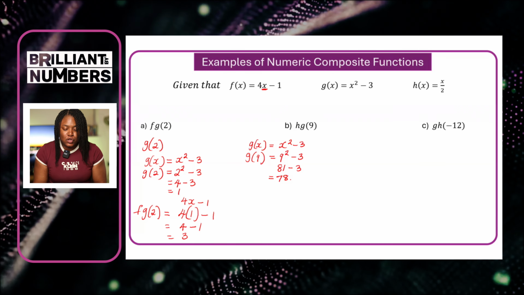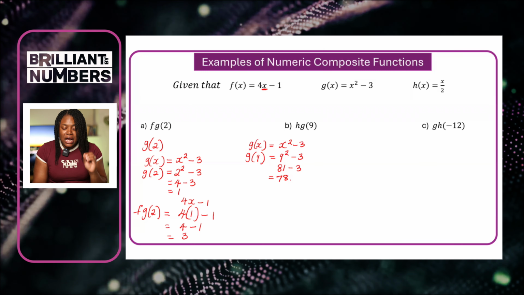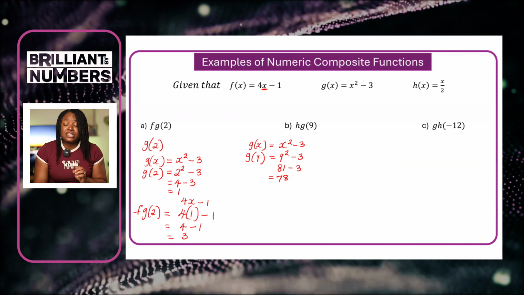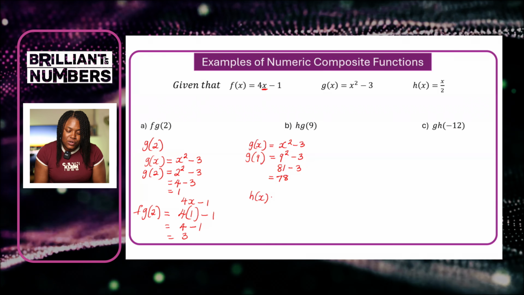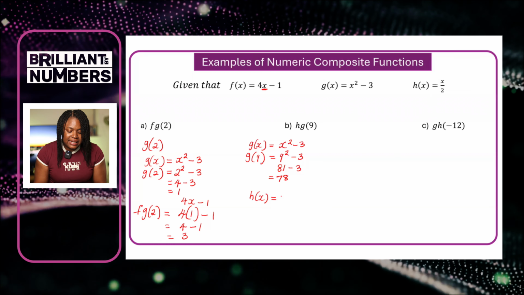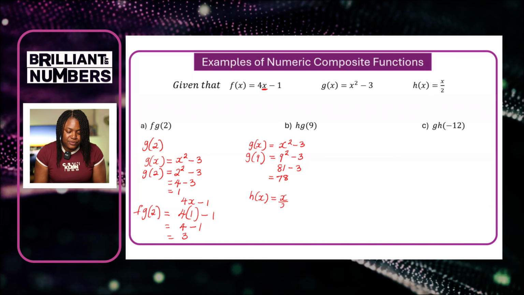78. Beautiful. So this means I should now use this 78 and substitute that into the function h. So I'm going to write out what is h of x first of all. So h of x given from this function here is x divided by 2.